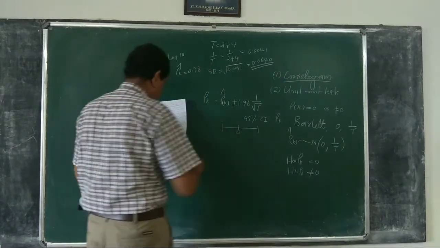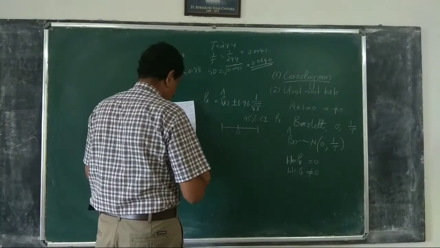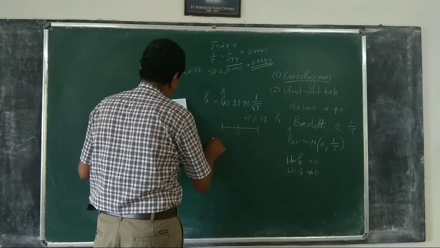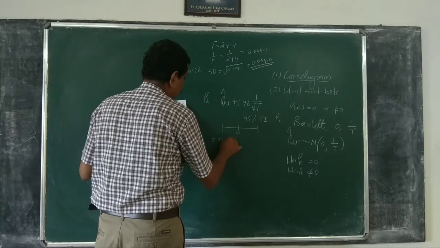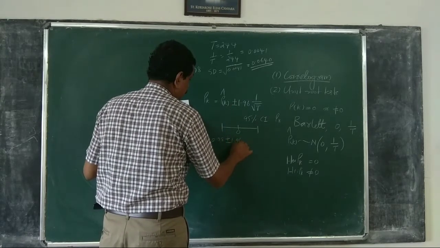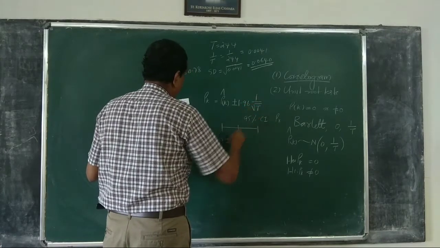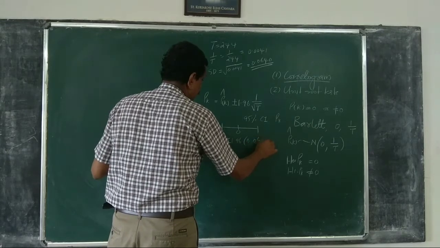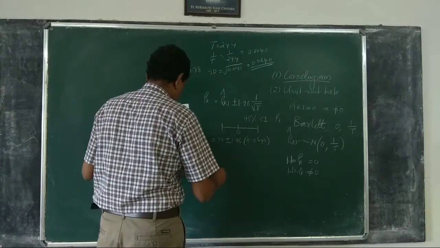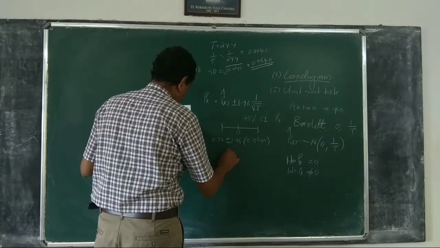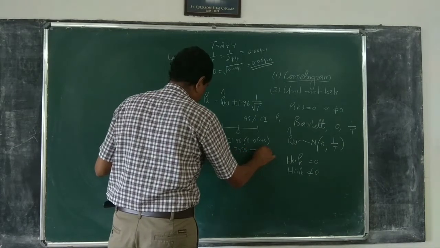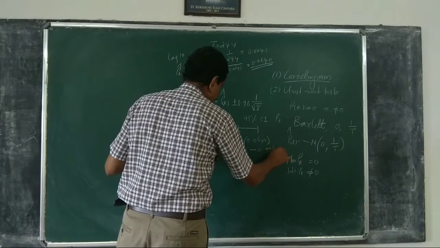So, the 95% confidence interval is rho hat k plus or minus 1.96 times 1 by root T, that is 0.78 plus or minus 0.0640. That will give you the 95% confidence interval as 0.7476 to 0.9984.